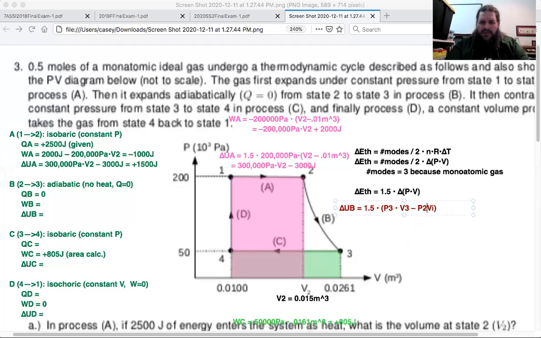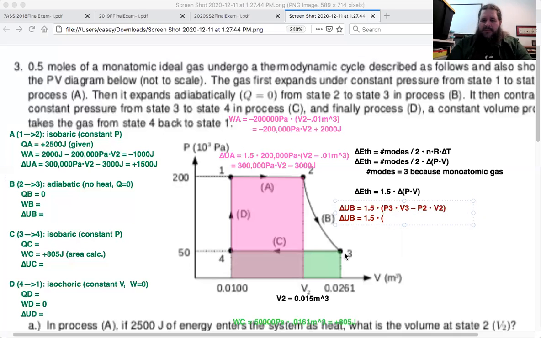And we're starting at 0.2, so P2 times V2. And we can start filling in some values there. And note that we can't factor out either one of those. The pressure's changing and the volume's changing. So we actually need final pressure times final volume minus initial pressure times initial volume, delta the whole thing.